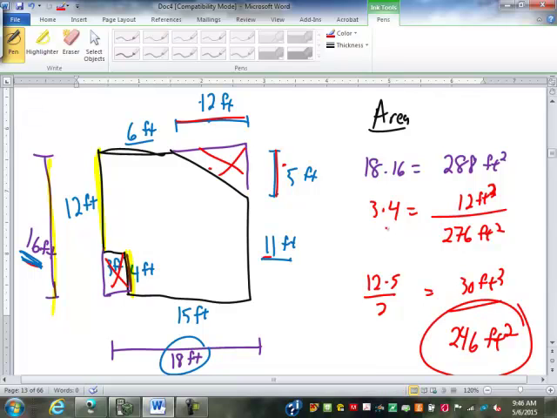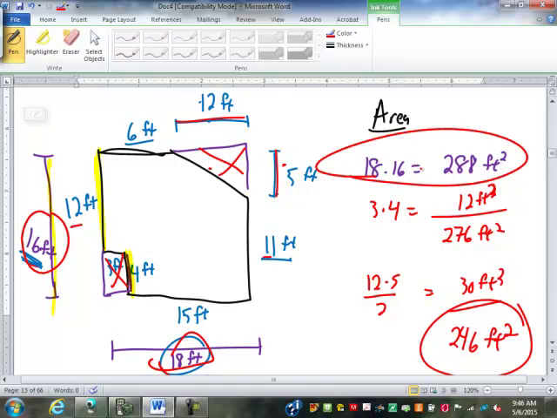If I got you right, 15 plus 3 is 18 to get that side. And 12 plus 4 to get that side. And that's what we used, 16 times 18, to get 288 feet squared.